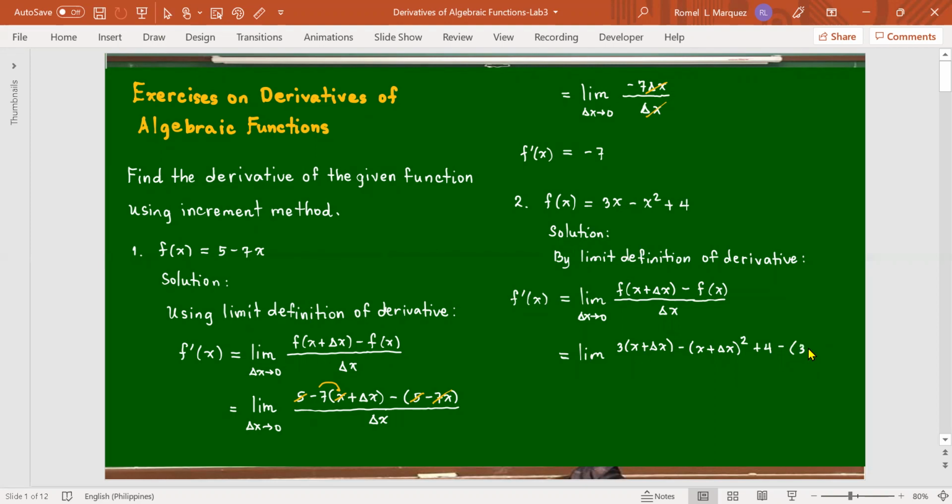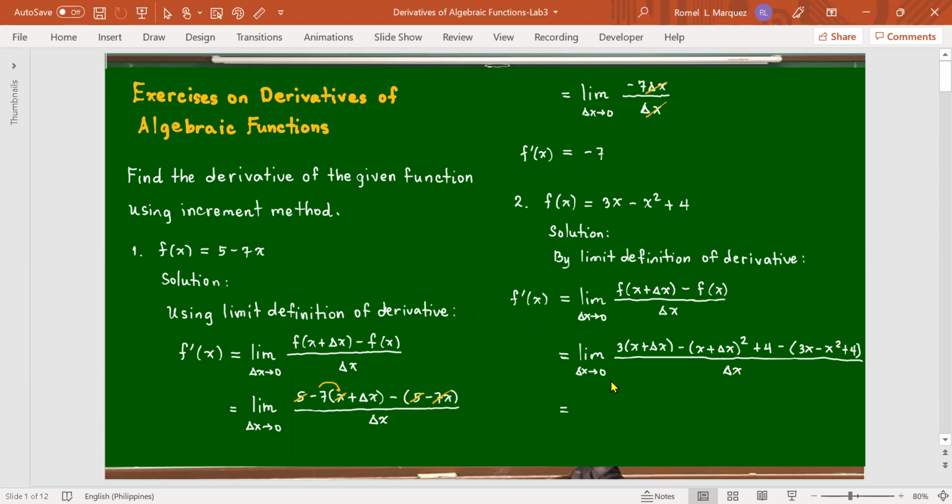Our f of x is 3x minus x squared plus 4, right? All over delta x as delta x approaches 0.